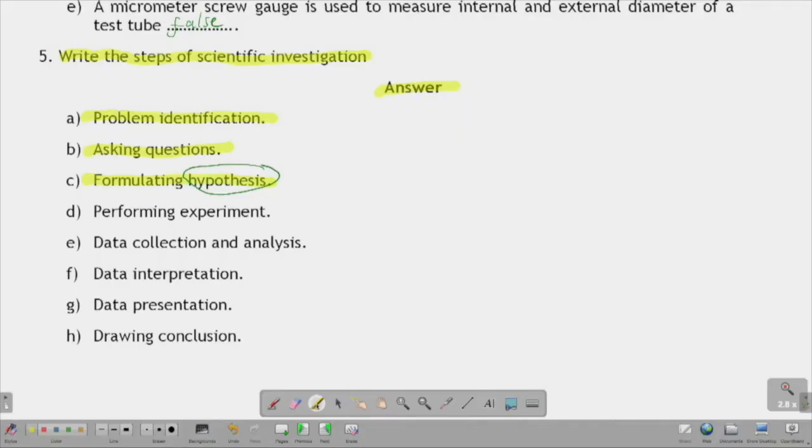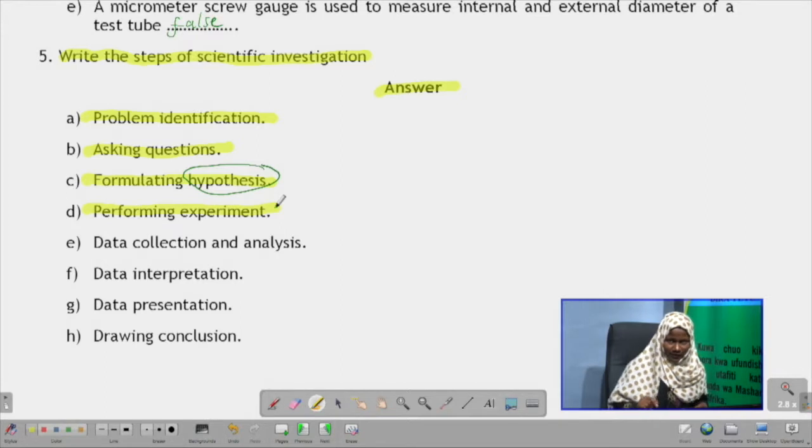So here I'm going to assume that yes, my hypothesis is going to be the mass of the bob affects the time period of it to complete one oscillation. And then we're going to go to our next step, that is our fourth step, performing experiment. Remind you that an experiment is any activity done under controlled conditions.